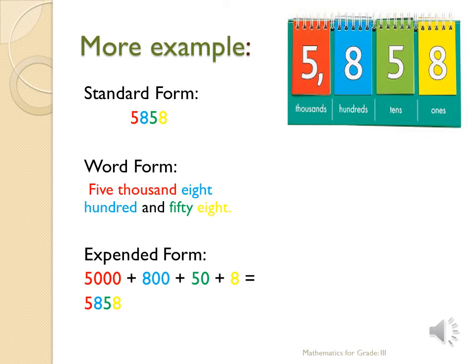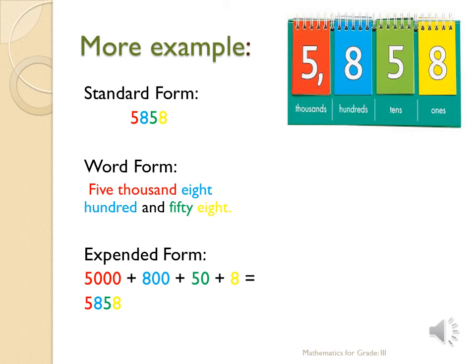Now moving towards the yellow box, in this yellow box we have 8. The value of that 8 is ones. There is no need to add any 0 because ones is a single-digit number, and we simply write 8. So it will become 5000 plus 800 plus 50 plus 8. This is the expanded form.